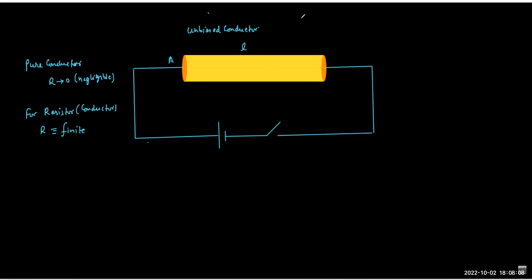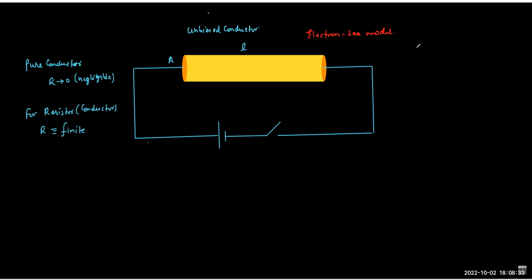And now we have a conductor. So we will talk about something called the electron sea model. Inside the conductor, we have a large number of free electrons which are free to move. They are free from the atoms of the lattice.